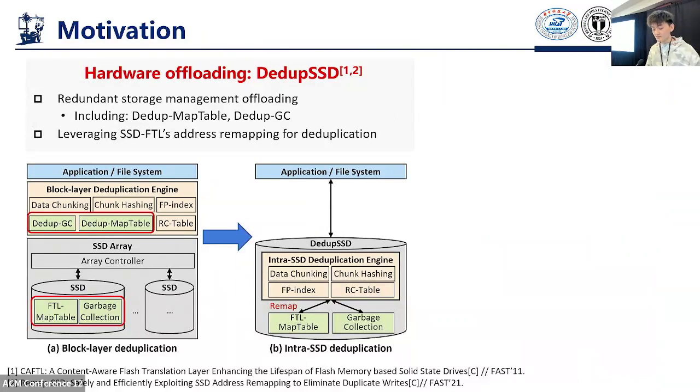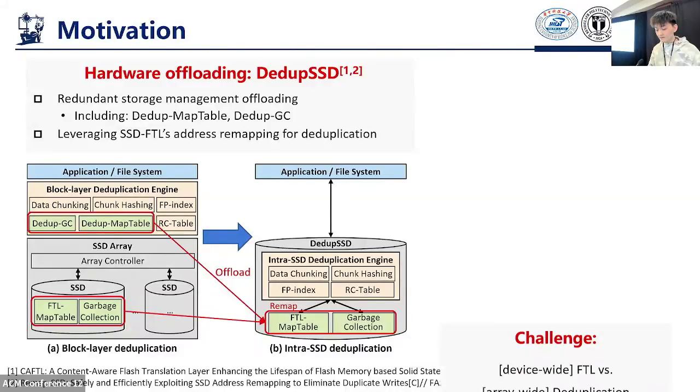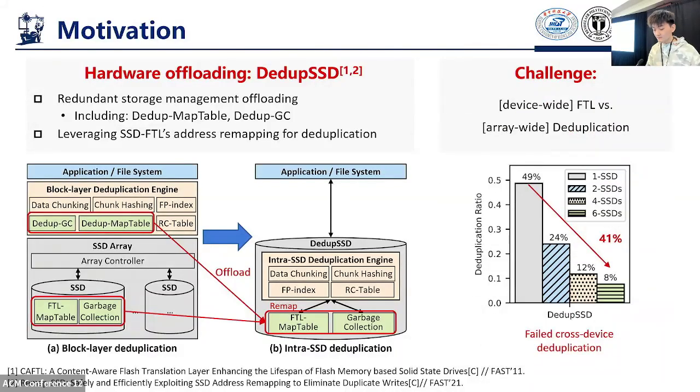Existing works propose to integrate DDAP into the SSD FTL, called intra-SSD deduplication, as shown in figure B, to leverage SSD's inherent address mapping and GC capabilities to achieve DDAP, thus removing the function redundancy shown in figure A. However, SSDs can only support device-wide storage management, which does not match the array-wide DDAP requirement.